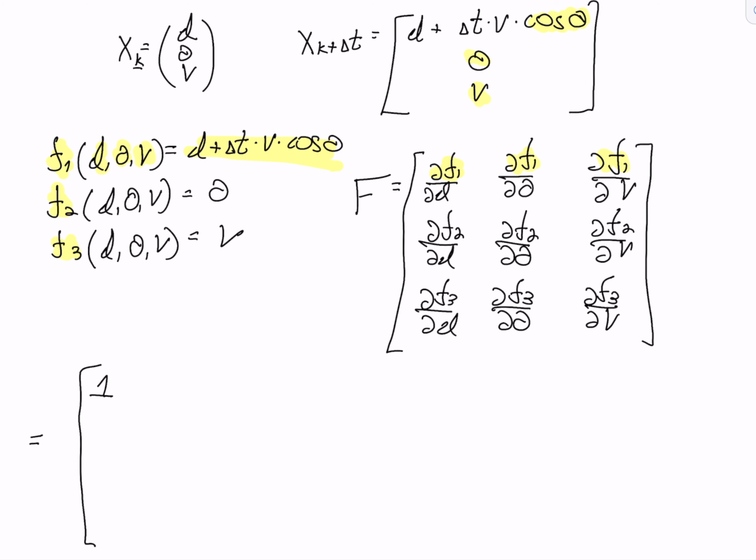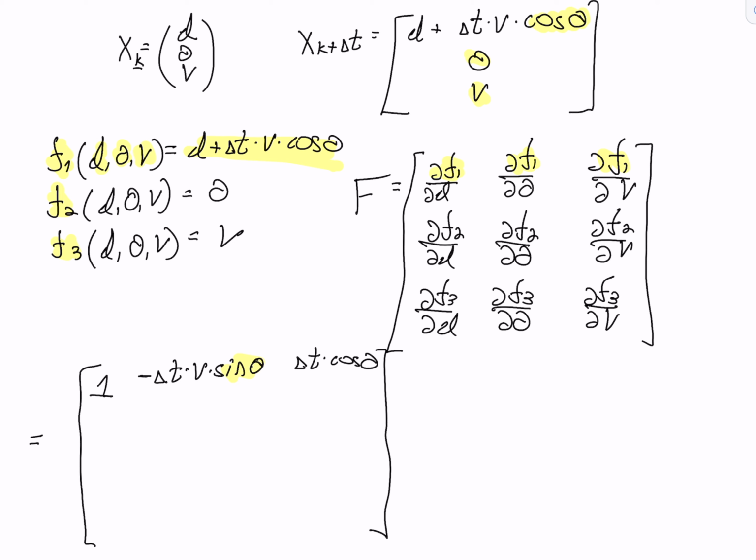Now, what happens when I derive the first function with respect to theta? I end up with minus delta t times v times sine of theta. And when I derive it with respect to v, I end up with delta t times cosine theta. And this was the hardest thing.